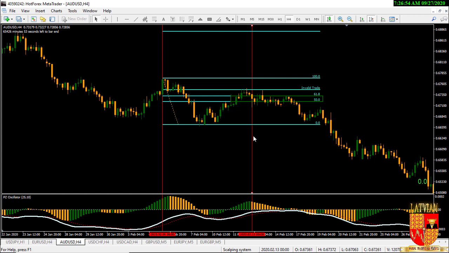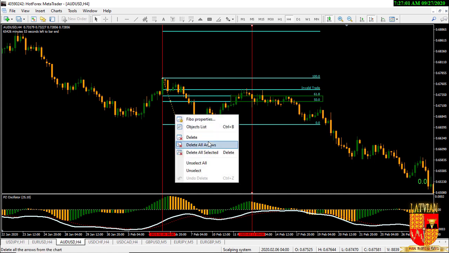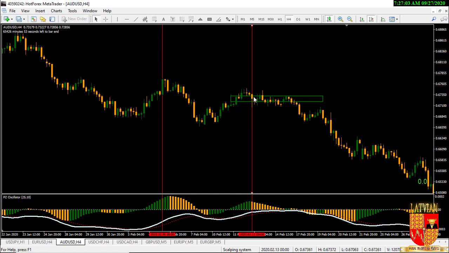So you'd have been looking to make your entry right there. Okay, let's delete this fib. So you'd have been looking to make your entry right there, and then you'd have been looking to exit your market above the last swing high, okay, at a loss, and then at a profit you'd have been looking for a 1:3 risk to reward.